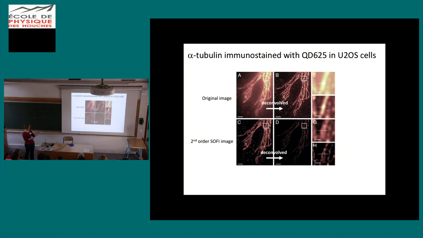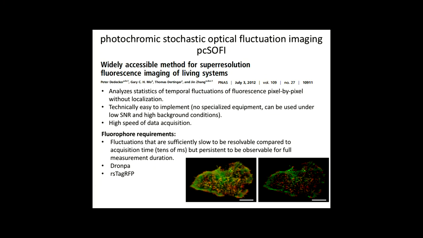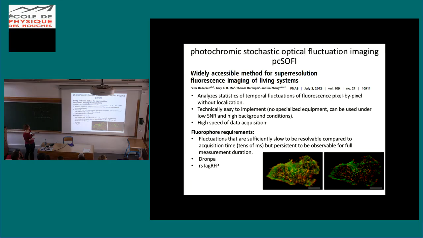But what Peter did, actually, when he was a postdoc with Jin, was to take this and apply it, using fluorescent proteins, to live cells with something called photochromic stochastic optical fluctuation imaging, or PC-SOFI. So again, this analyzes these temporal fluctuations.